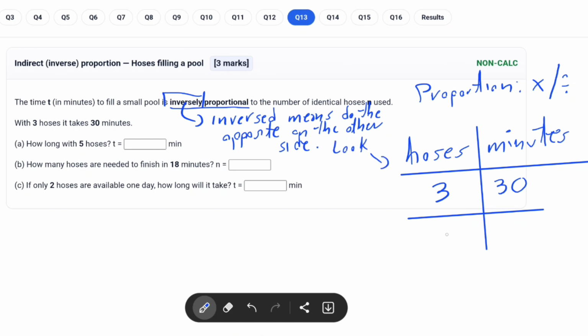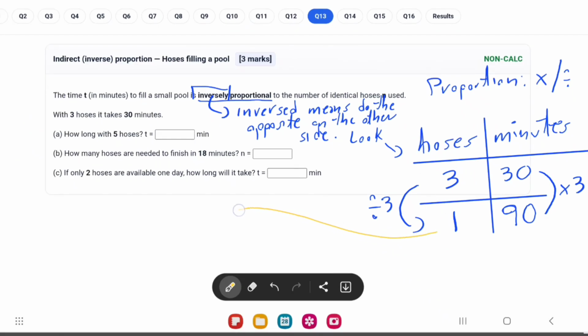So for example, one house is going to be working slower than 3 of them. So in this case, we are increasing the amount of time that it requires. On one side, we are writing division. On the other side, we're writing multiplication. That's what it means when it means inverse.